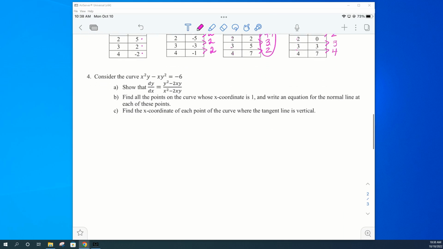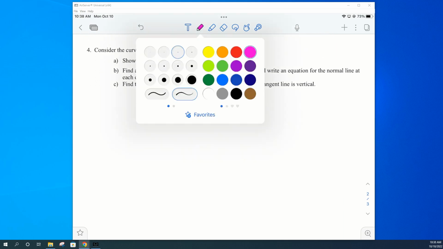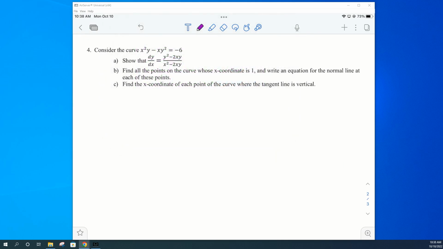All right, number 4. Little implicit work again. Show that dy/dx is that expression there. So I'm going to start in letter A, doing the implicit. So I have x squared dy/dx.